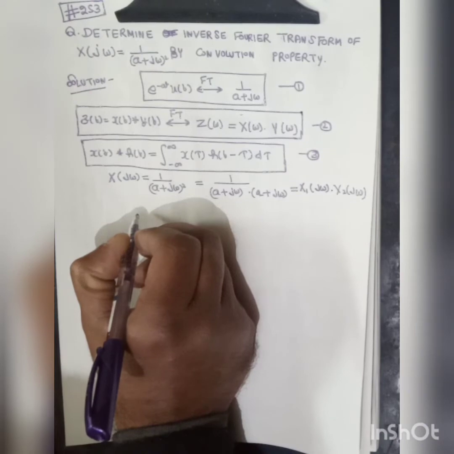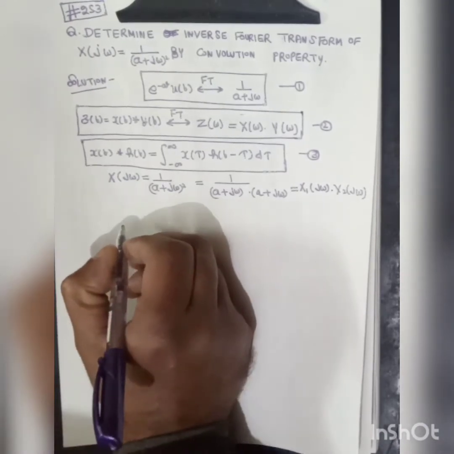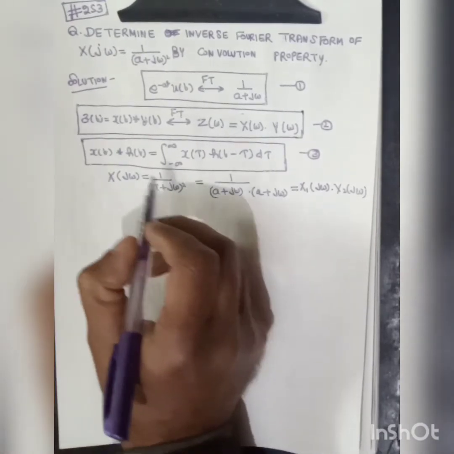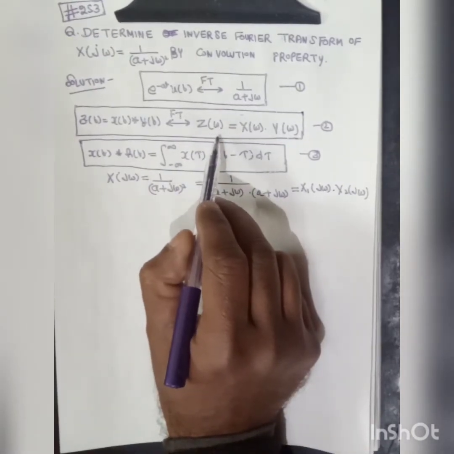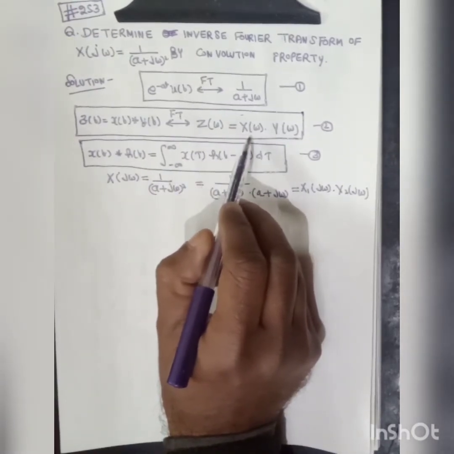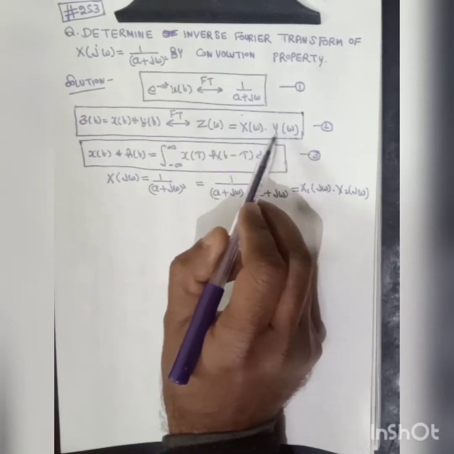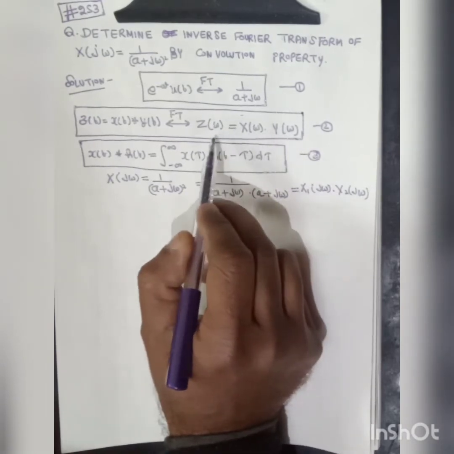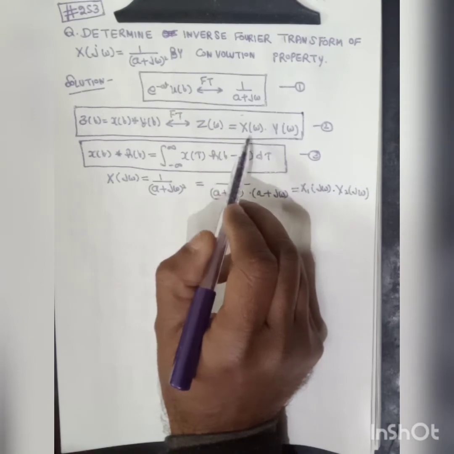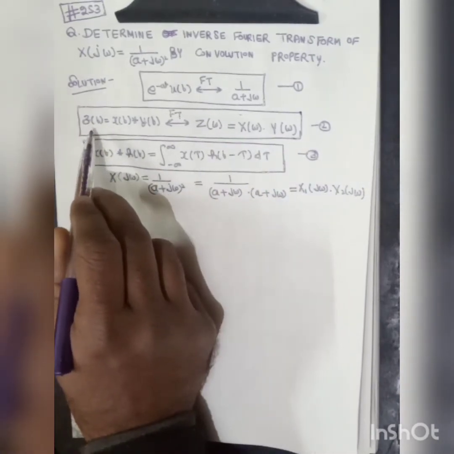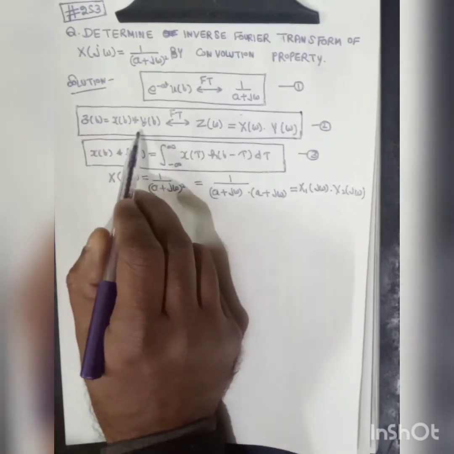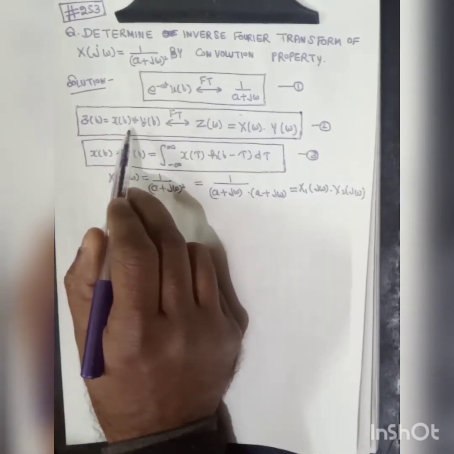We know that by using the convolution property, if Z(omega) is equal to X(omega) multiplied by Y(omega), then the inverse Fourier transform of z(t) is the convolution of x(t) and y(t).